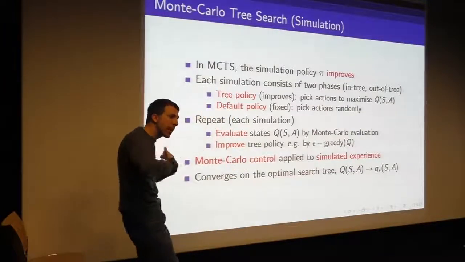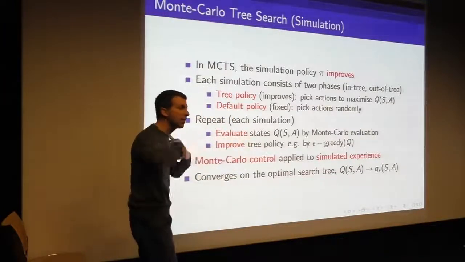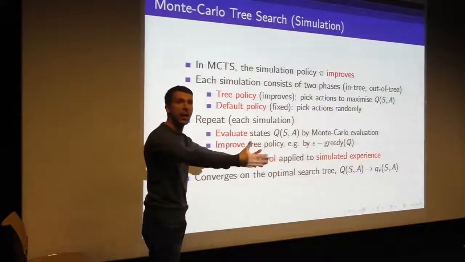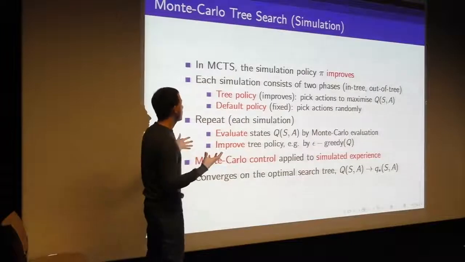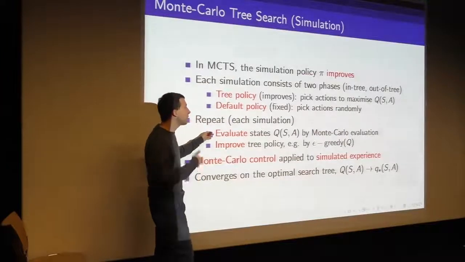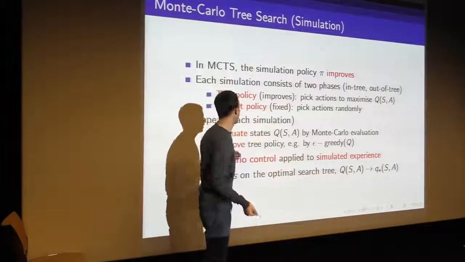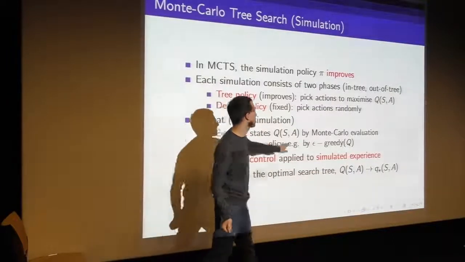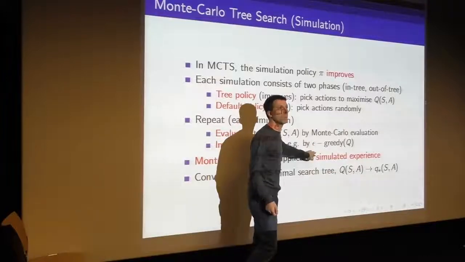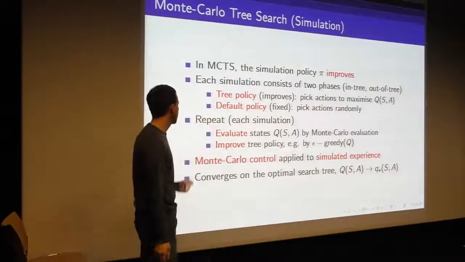But we're expanding the frontier of what we know about until eventually our simulation policy becomes smart everywhere. And so the algorithm is that every simulation, we evaluate our states by Monte Carlo evaluation, but then we improve our tree policy by, for example, epsilon greedy, or smarter strategies using bandits.